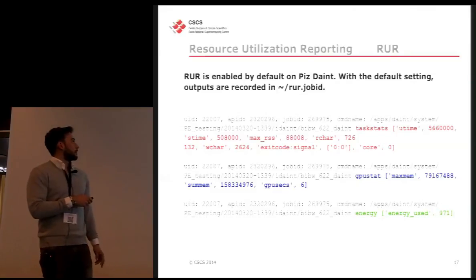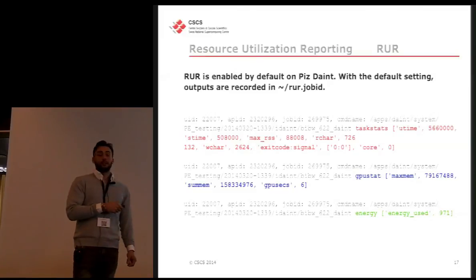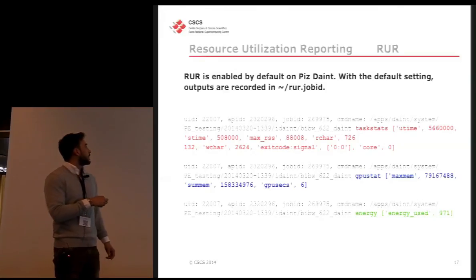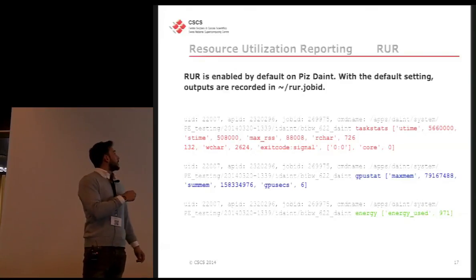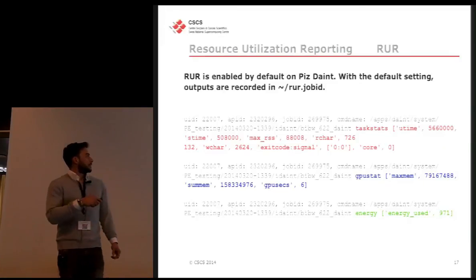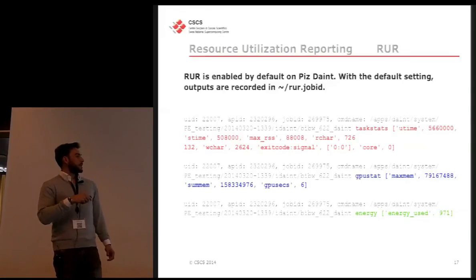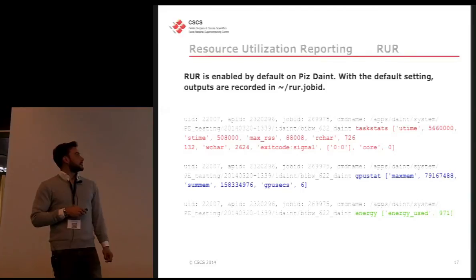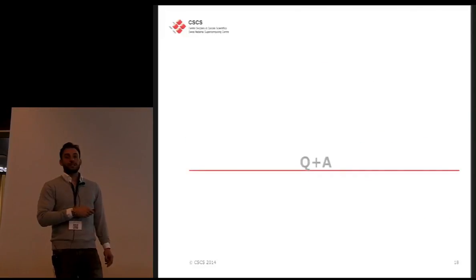So all the users, after they run a job, can see, by default, in their home directory a file called rur.jobid. In this file, you have all of these statistics retrieved by the RUR. These come in handy when you want to know how much you've used your GPUs or energy or other. And that's pretty much it.